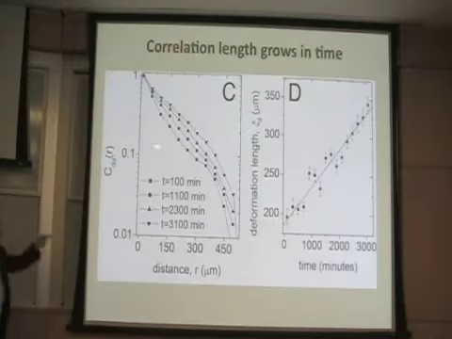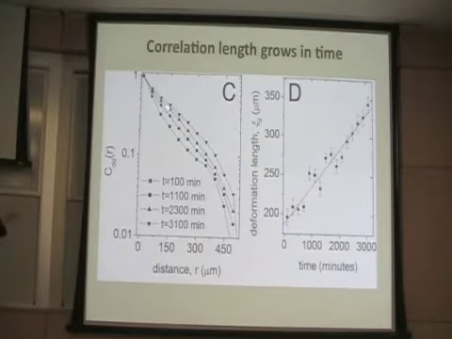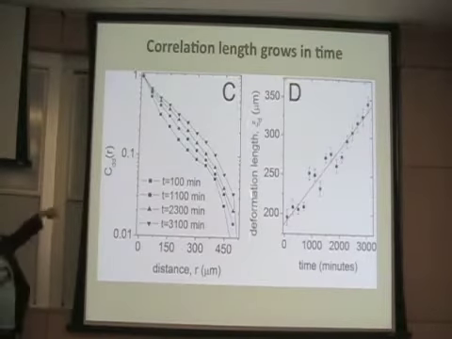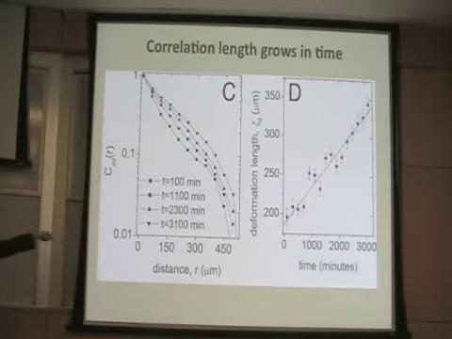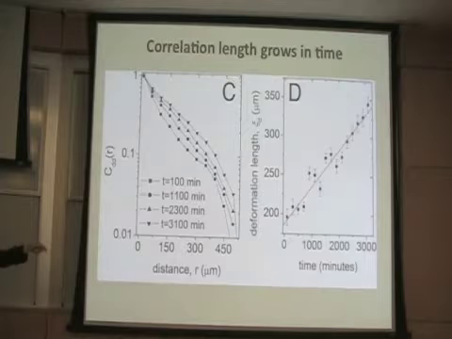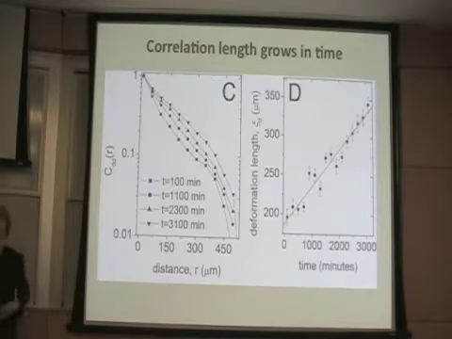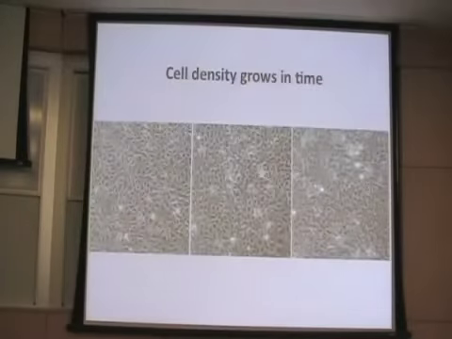In that case, we see this correlation function decays exponentially. You can just fit a line to this and get a correlation length. And what we see is, as the experiment goes on and cell density goes up, this correlation length grows. So somehow the correlated domains of deformation are going up.